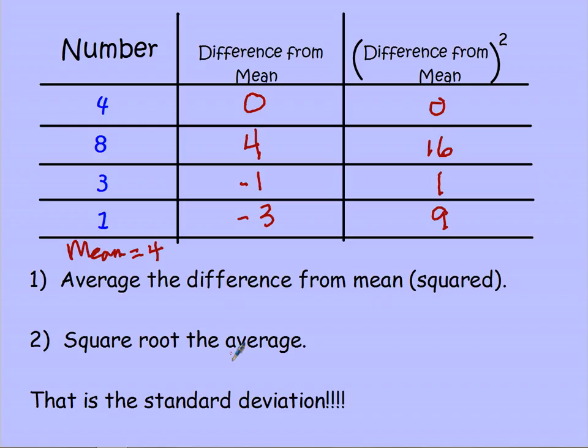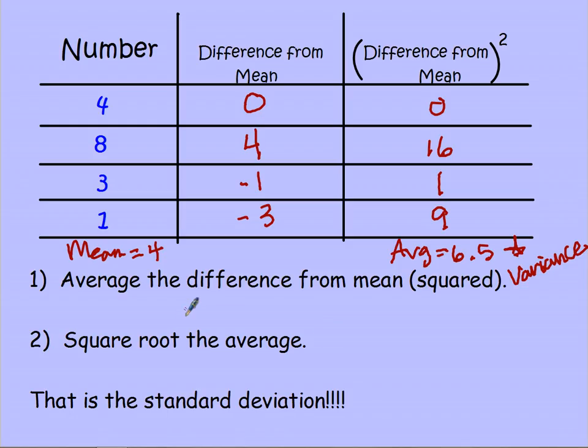The last thing I want to do is find the average difference from the mean squared. So I'm going to average this last column. If I add them up, I get a total of 26, and I'm going to divide that by the 4 numbers. That's going to give me 6.5. By the way, this number is called variance, and variance has a big place in statistics.